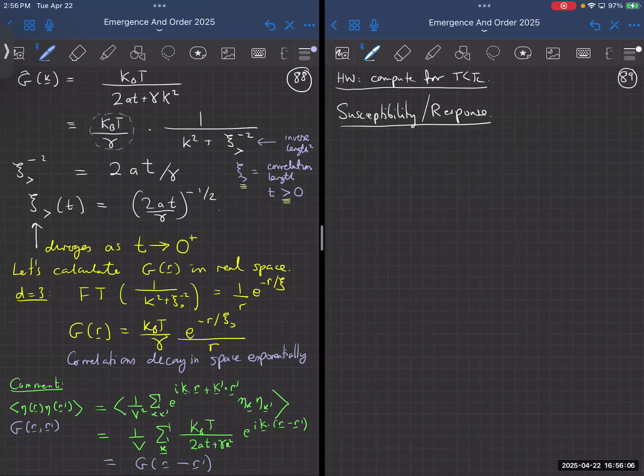So what actually happens if you compute this exactly? Well, the usual result is that at long distances it will decay exponentially. At short distances, actually, this result isn't quite correct.